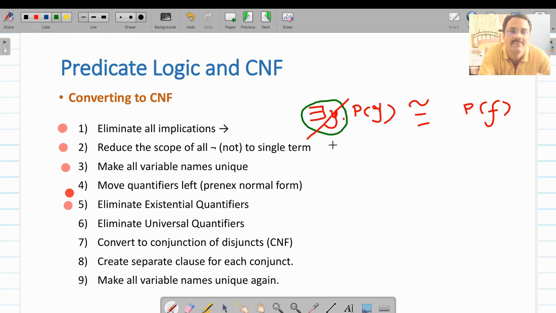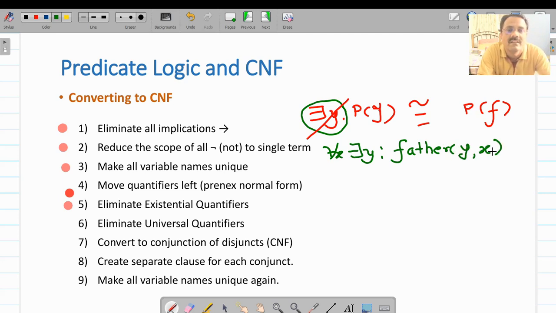For example, for all x there exists some y such that this y is father of x. So we have to remove this there exists y now. To remove this, either you substitute the value of y or you introduce a function assuming that function will return the required value.